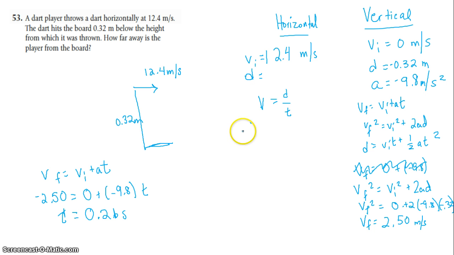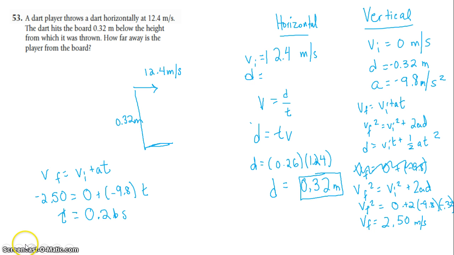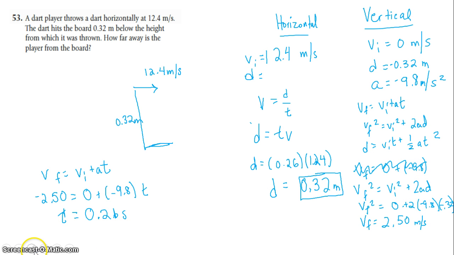And so therefore now we have a time of that range, and we also know the speed it's going that range. So we can rearrange this to be d equals tv. So d equals my time, 0.26 seconds. I'm going to take that times, I have written here 1.24, but that should actually be 12.4.